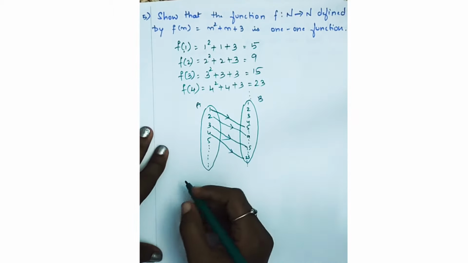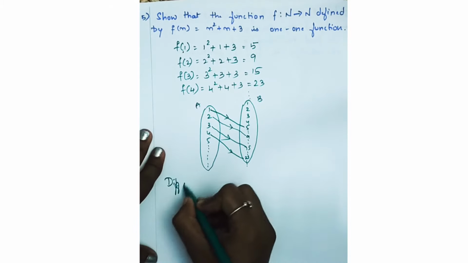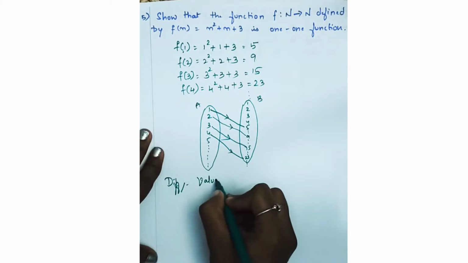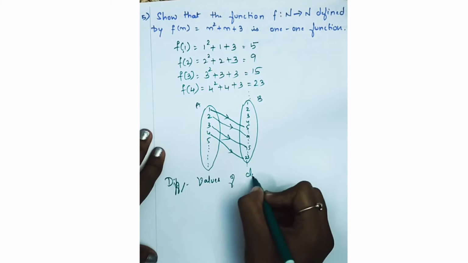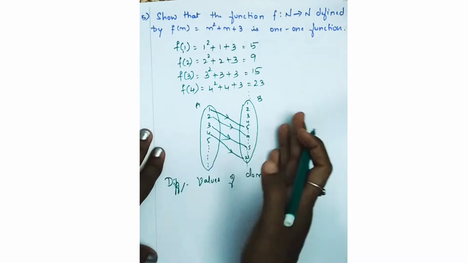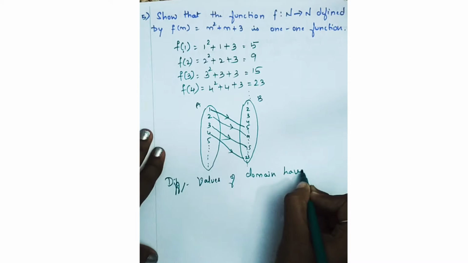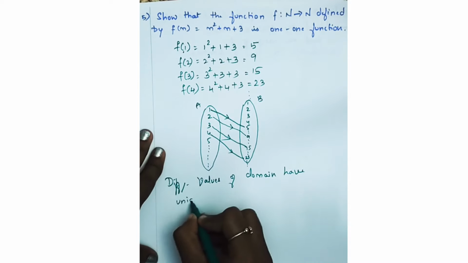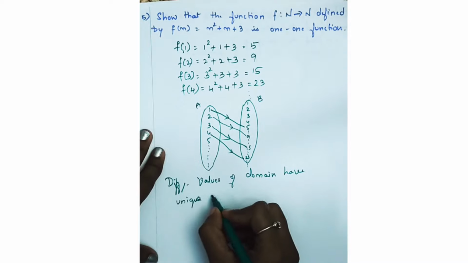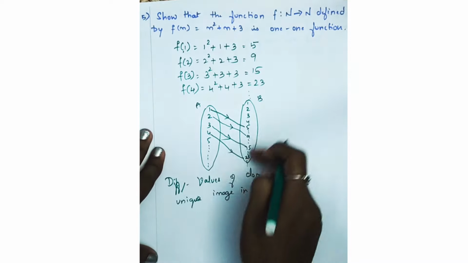So what you do, directly write: different values of domain have unique images in codomain.